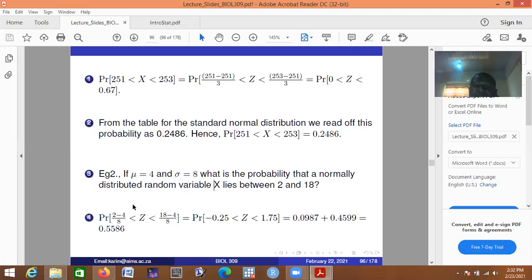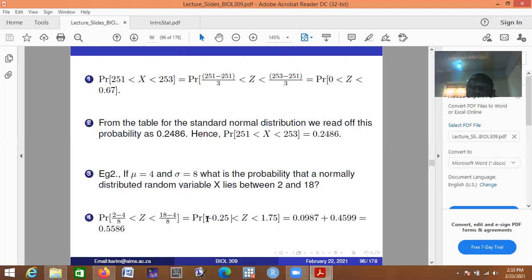Then to do that, we just repeat what we've done in bullet number 1. So we'll take 2 minus 4 divided by 8, and then we take 18 minus 4 divided by 8. That is going to give us minus 0.25 and then 1.75.